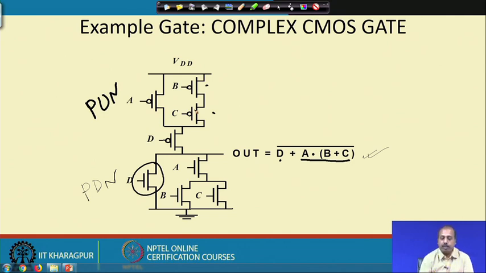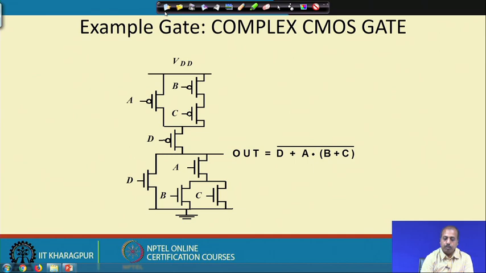This way we can very easily draw the CMOS transistor level diagram of any combinational logic function. Of course, the output will be in complemented form. If the output is not in complemented form, you can put another inverter after this to get the function.